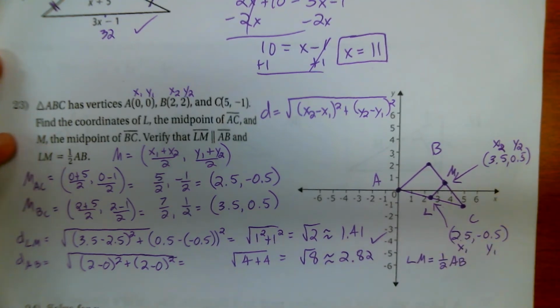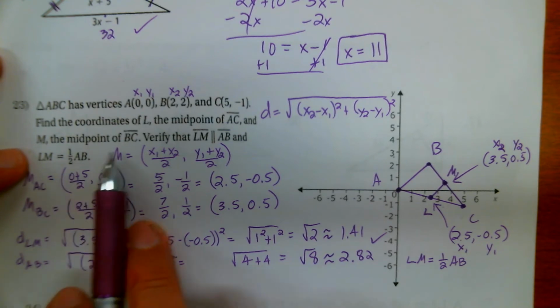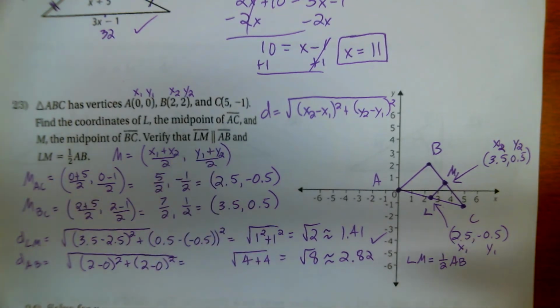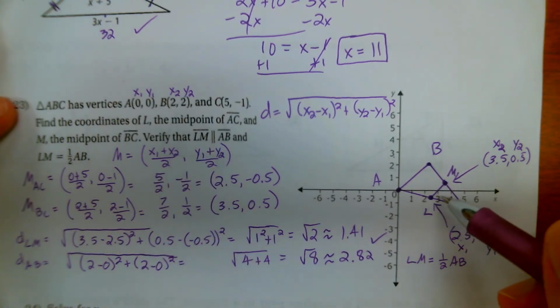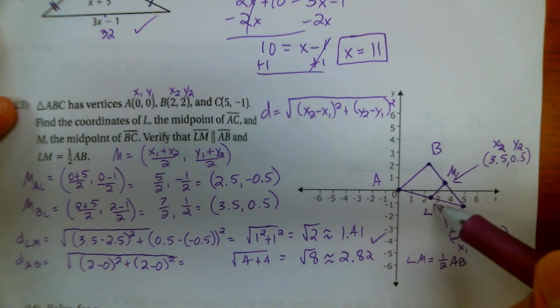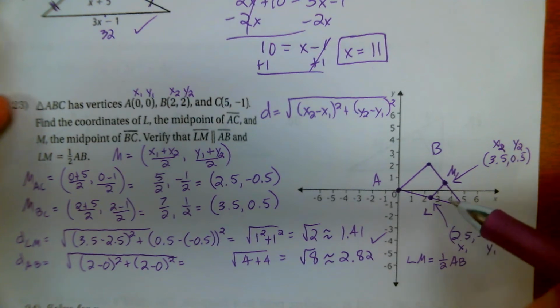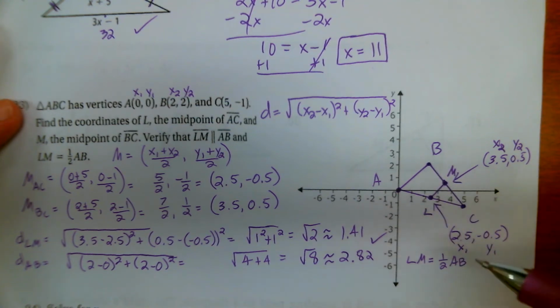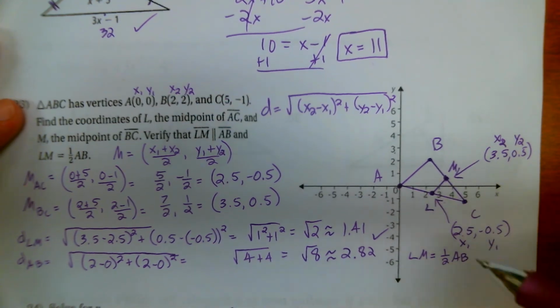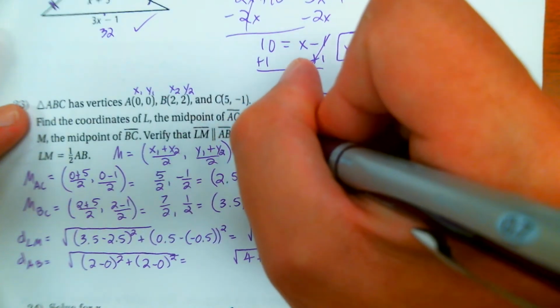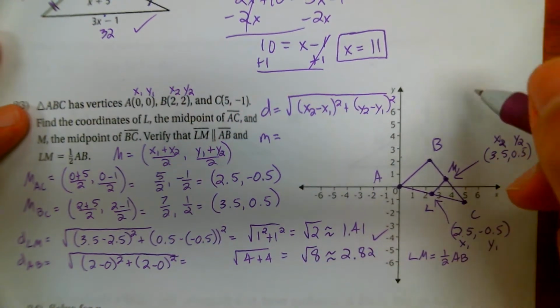Okay, now it also says we need to verify that the lines are parallel. Now we know with our mid-segment theorem, we know this is a mid-segment. We know that these lines have to be parallel. How do we actually prove that or show that? We could look at the slopes of both lines and show that they're the same. So if you guys remember, what is the formula for slope?